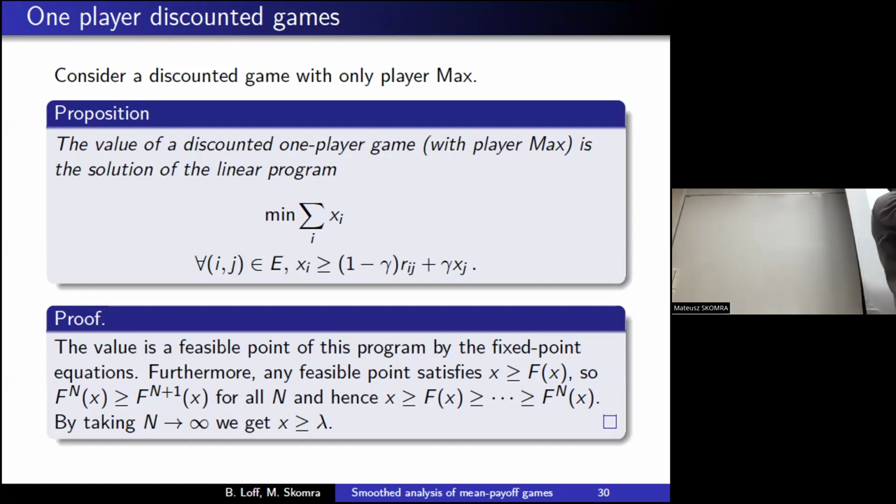So it is somewhere there, but finding it is more complicated. But in the one-player case, it's nice because this point, since it's unique, should be a vertex. It's a unique solution of this thing, so it has to be a vertex. Good. Great. So we see that the one-player version of this discounted game reduces to a linear program.